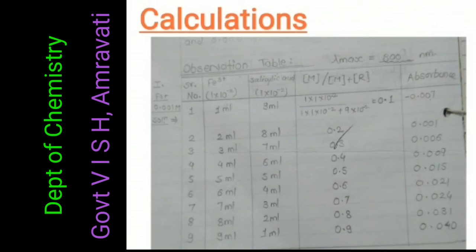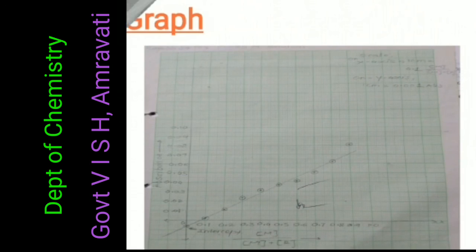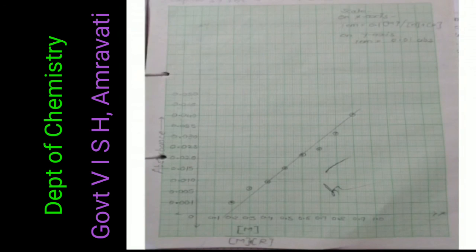These are the calculations, meaning the observation table of the first set which we had done of ferric chloride and salicylic acid. This is the second table of calculations which we have done. These are the graphs. I told you that you will get two graphs. This is the first graph of salicylic acid and ferric chloride, and this is the second graph.